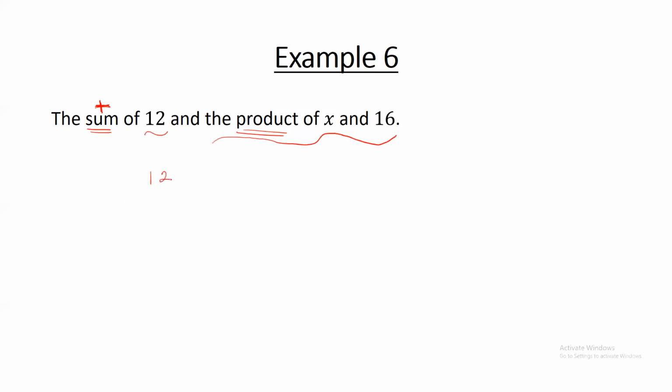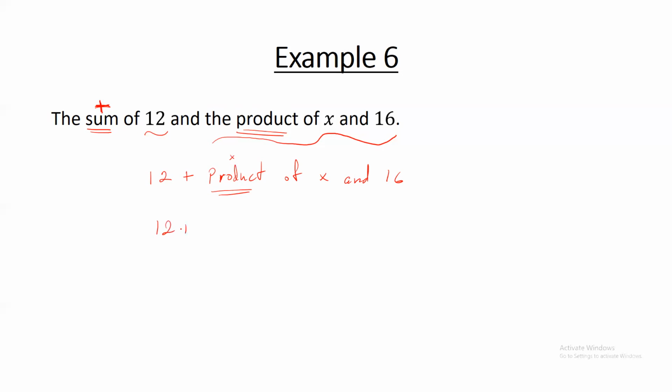What we are saying is it's the sum of 12 and the product of x and 16. Now, of course, we didn't finish translating because we have to figure out what the product of x and 16 means. And remember, the product means multiplication.